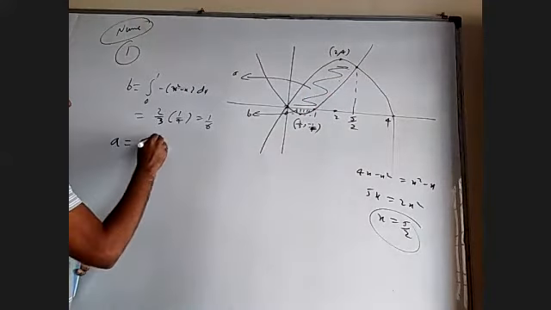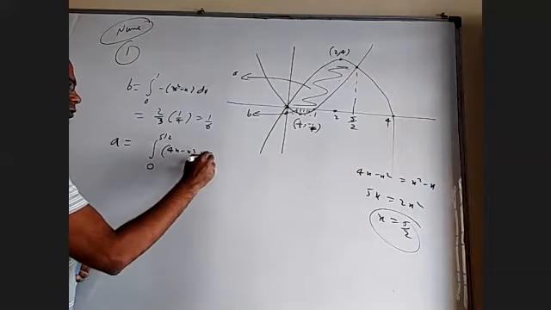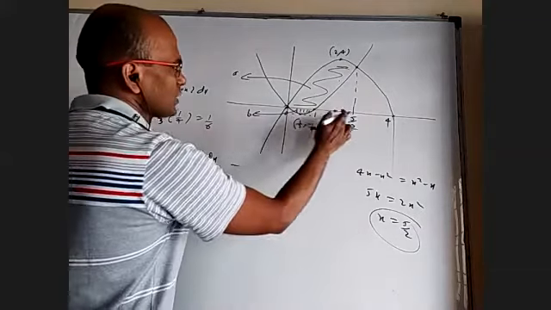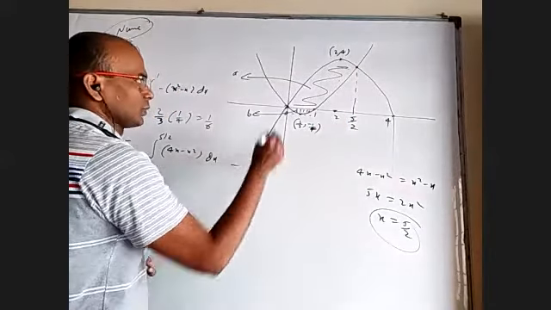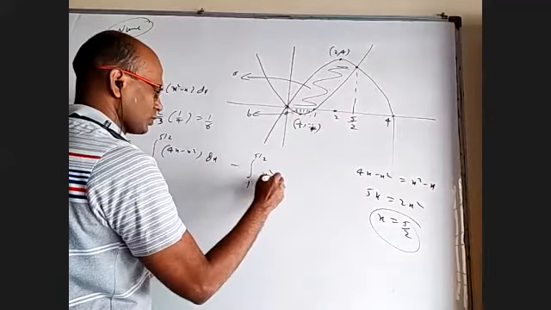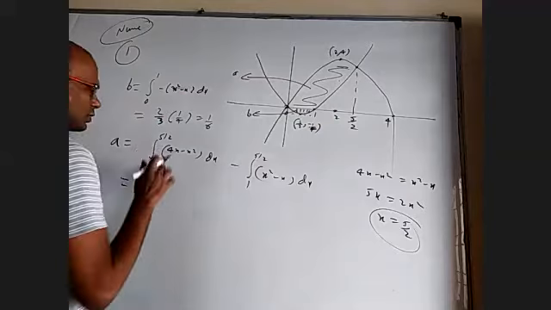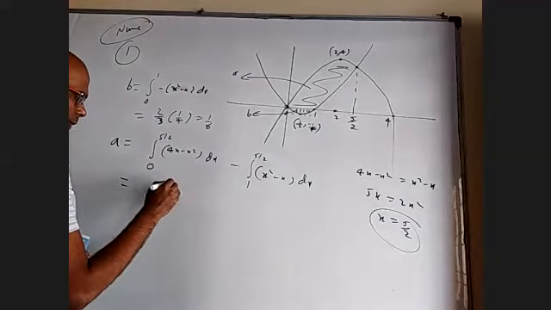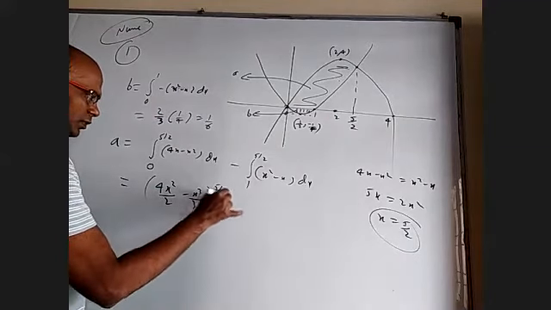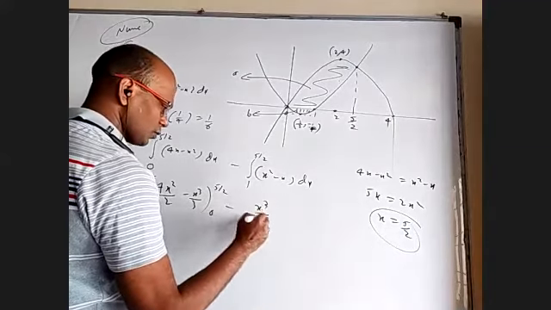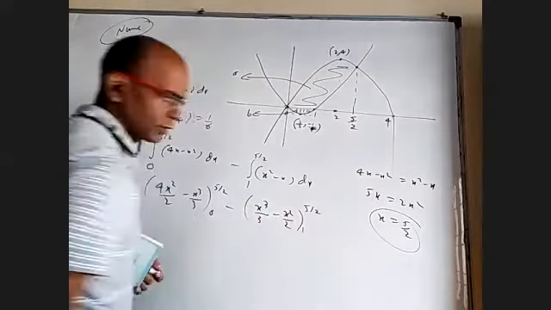That is better. 0 to 5 by 2, 4x minus x square dx, minus only this part I have to remove between 1 to 5 by 2, of this parabola, which is x square minus x dx. So this integral is 4 x square by 2 minus x cube by 3 with limits 0 to 5 by 2. This is x cube by 3 minus x square by 2 between 1 to 5 by 2.